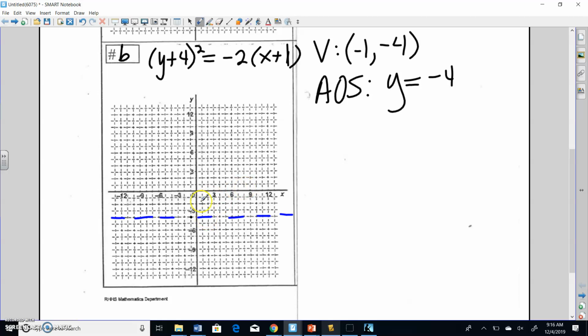Okay, so kind of the opposite with this. I want to know where it's going to cross the x-axis. So with a vertical one, I want to know where it's crossing the y. With the horizontal one, let's see where it crosses the x. So we're going to let y equal 0 and plug it into our equation. So that gives us 0 plus 4 squared equals, and I'm going to distribute that negative 2 through right away.